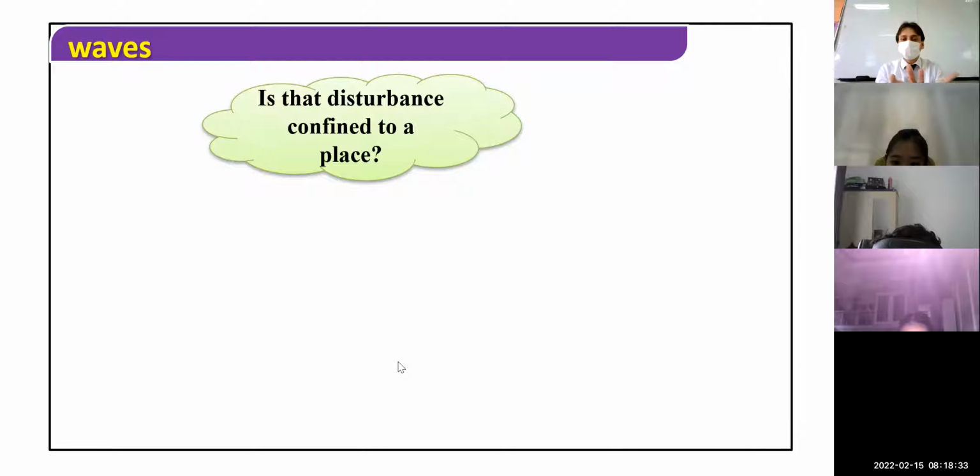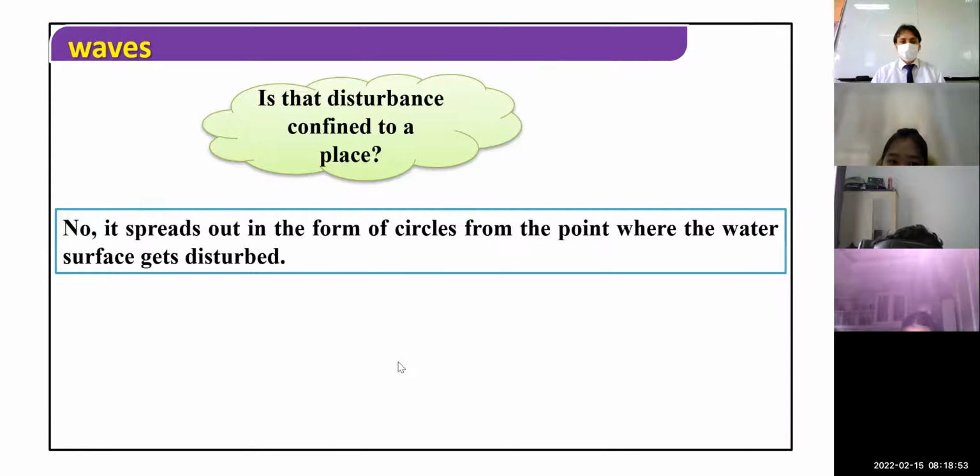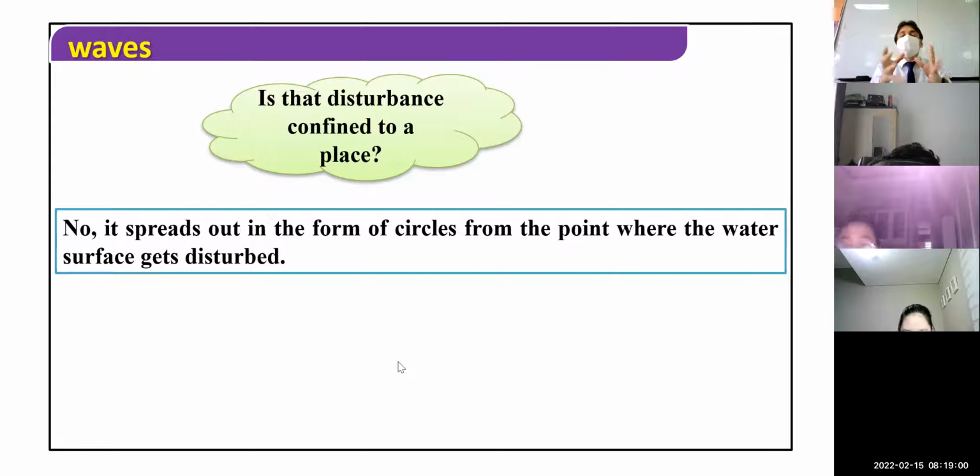Are the ripples and waves confined to one particular place, or do they start moving? Tell me, children. The disturbance in the water molecules, you can see here, is not confined to a particular space, but starts traveling, it spreads.